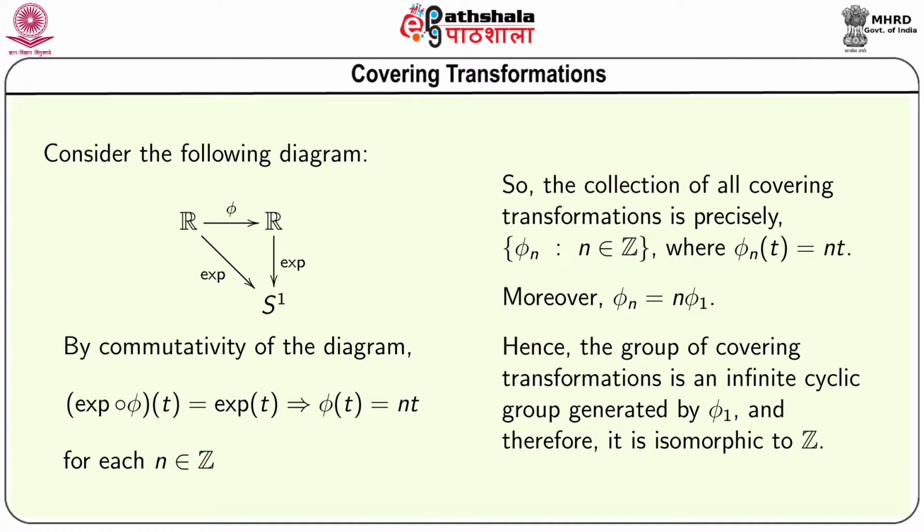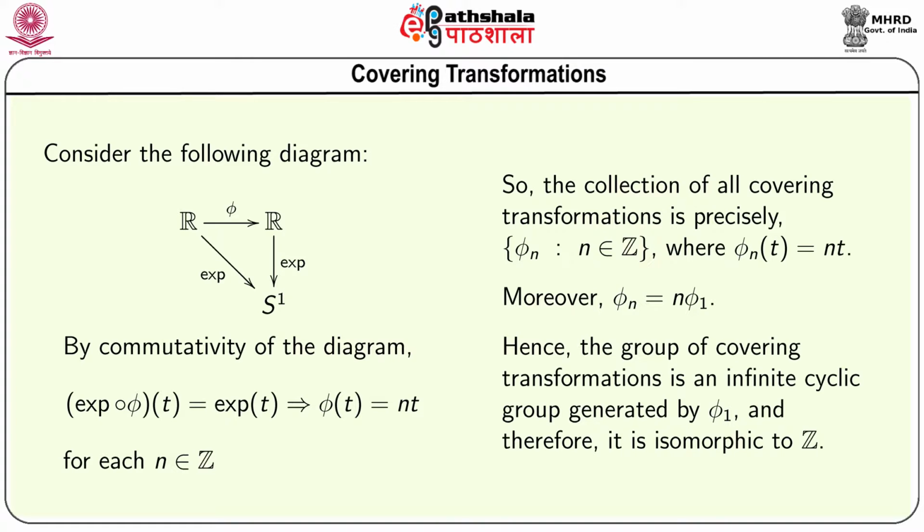We take a function phi from R to R. We need to make that phi a covering transformation. So, the diagram commutes, and therefore, phi of t will be n t for each n belonging to Z. Again, we need phi to be a homeomorphism.